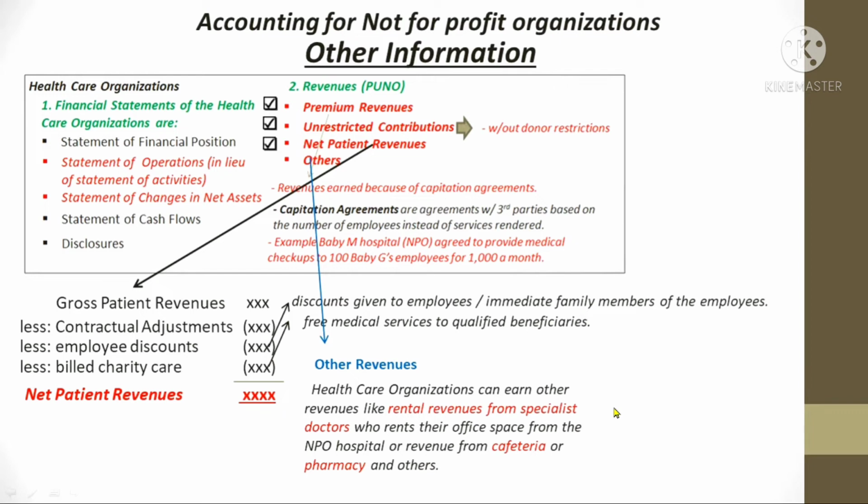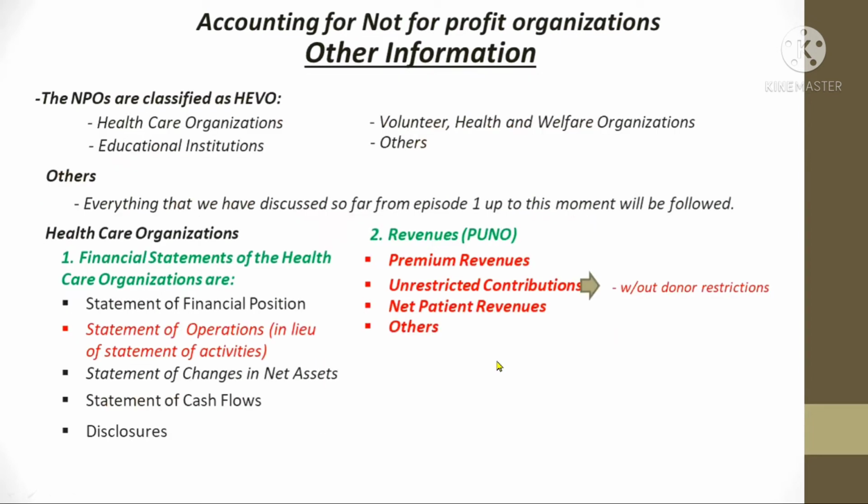And that's it. So in summary, so far, we have learned that each of these HEVO has some unique accounting features. And we have learned that other NPOs, or those that are not healthcare organizations, not voluntary health and welfare organizations, or not an educational institution, follow everything that we have discussed so far in the previous episodes.